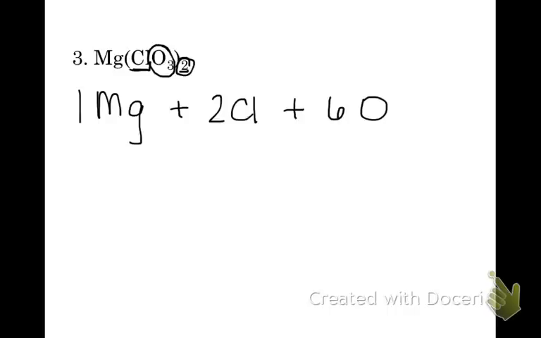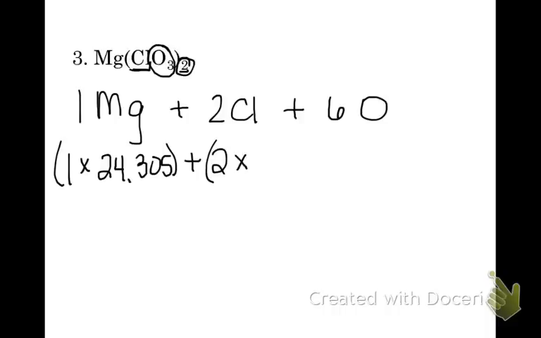Look at the atomic mass off the periodic table. So I have 1 magnesium. Magnesium is 24.305. 2 chlorines. Let's see, chlorine is 35.453.